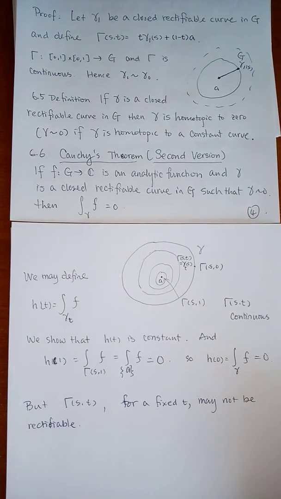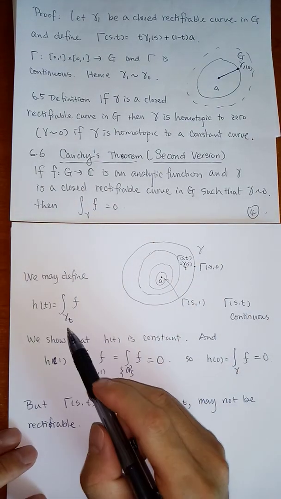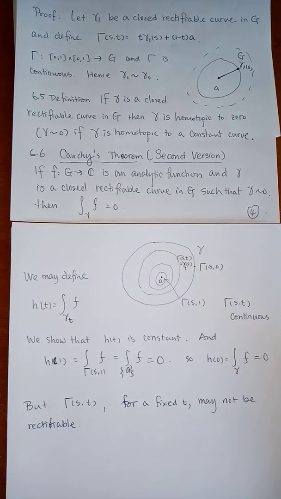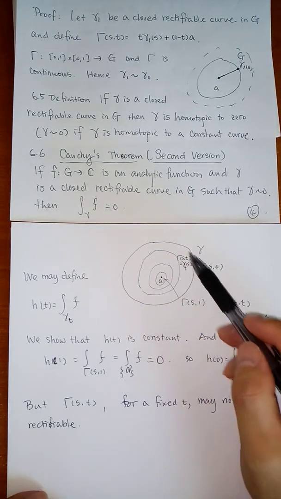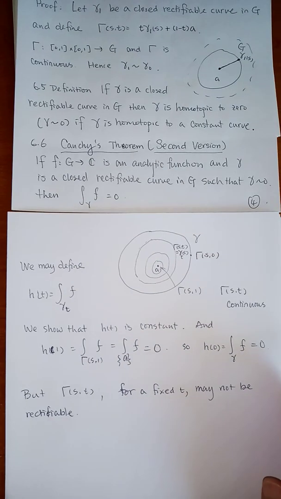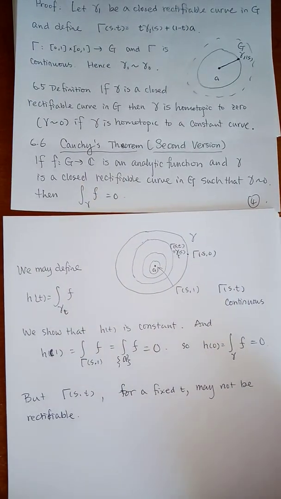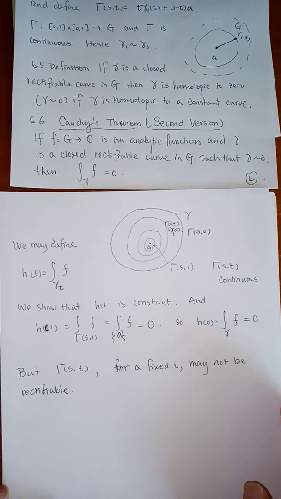At least we don't know if this gamma s t is rectifiable or not. So we cannot even define the integral of f over the middle step gamma t. So that's the problem. Okay, so we cannot just use this. We have to modify it. Of course, this is the right idea, but we have to modify the step.